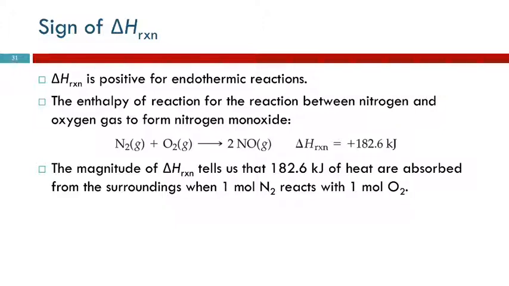So we have conversion factors that are very much like the mole ratios. So we could say that there's 182.6 kilojoules of energy per 1 mole of nitrogen that reacts. Okay?